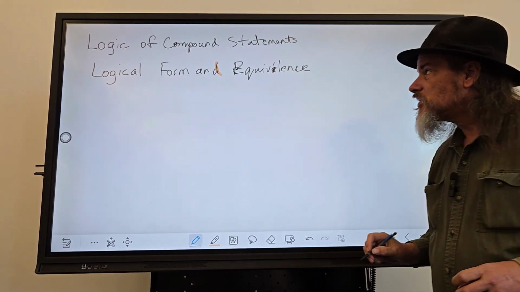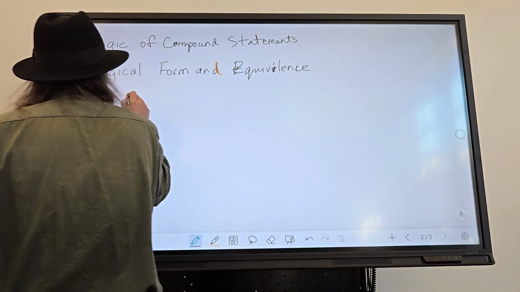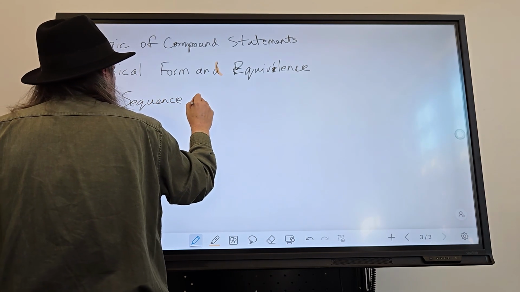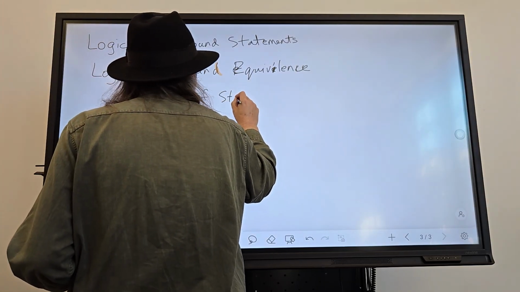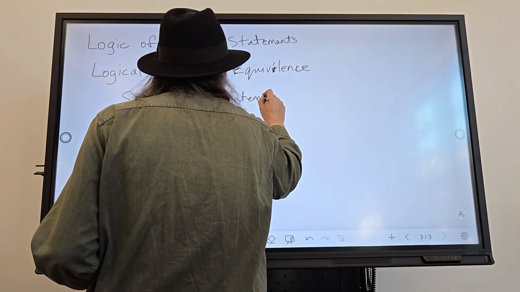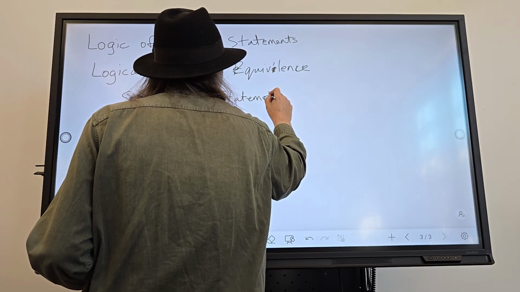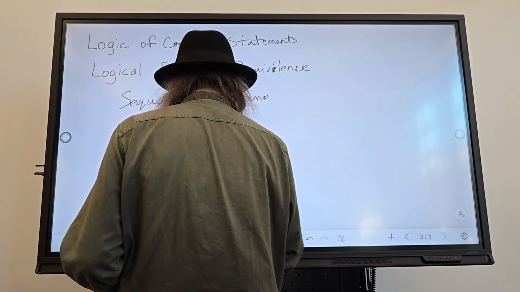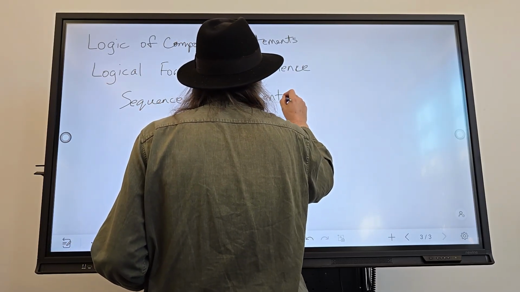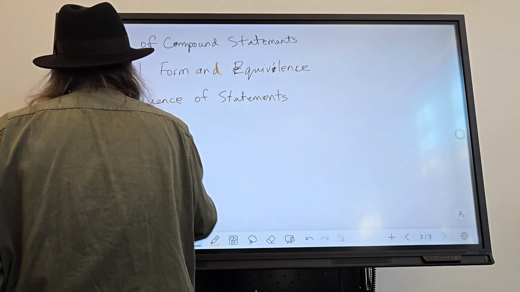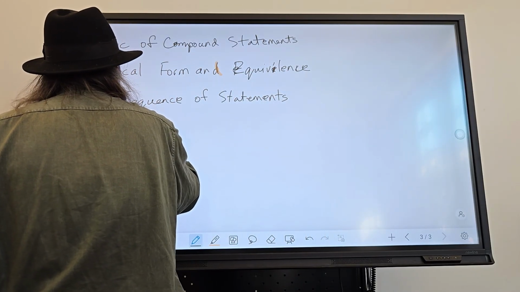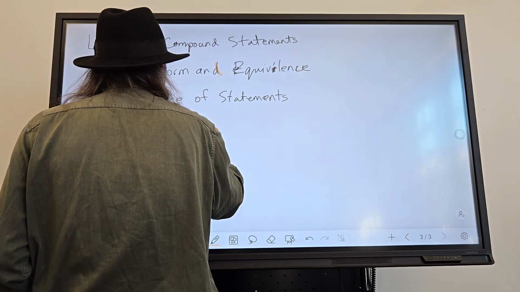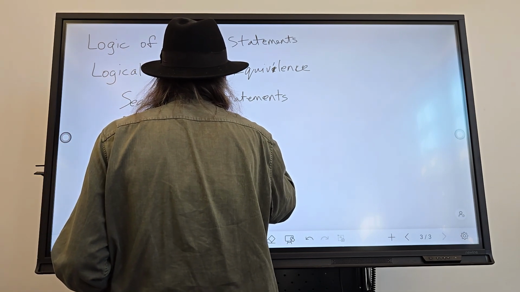So the logical form is a sequence of statements that demonstrates the truth.